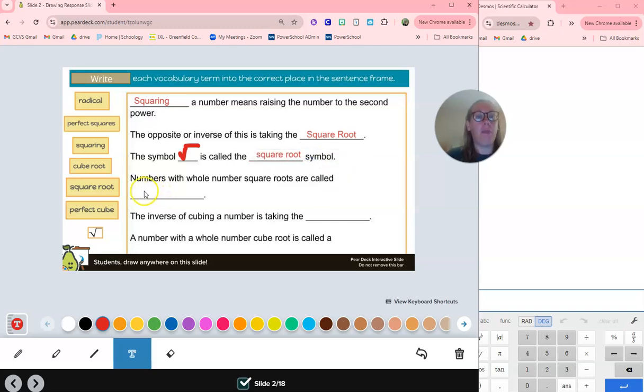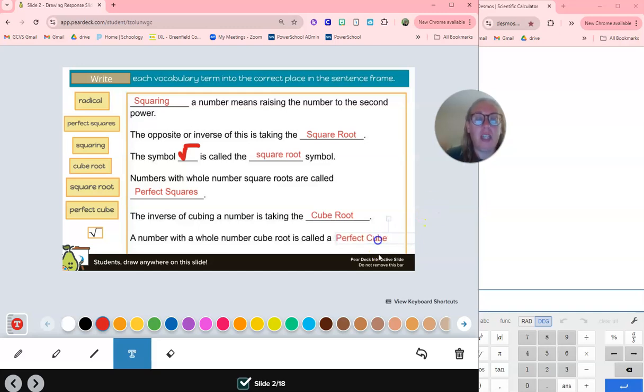Numbers with whole number square roots are called perfect squares, and we're going to go through what that perfect square list is together. And the inverse of cubing a number is taking the cube root, and a number with a whole number cube root is called a perfect cube.